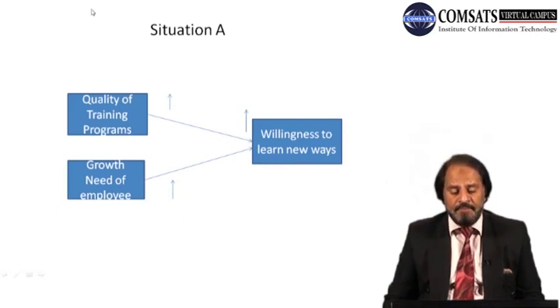So if this scenario is a typical scenario in which we have these two as independent variables and this as the dependent variable, this can be theorized in a different way as well.